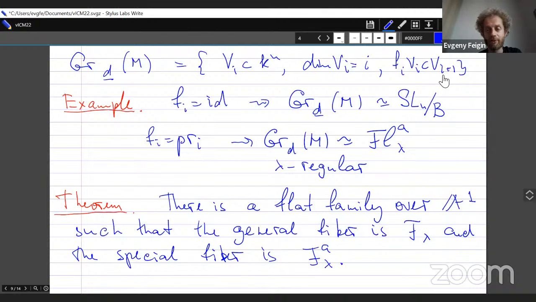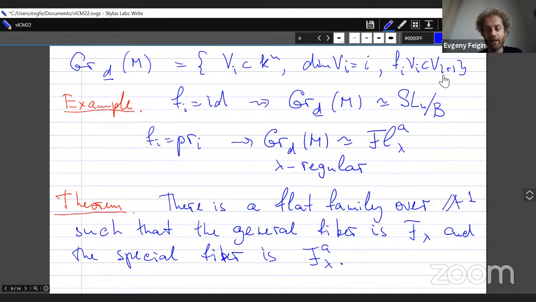So actually the examples we had before, they are of this form. For example, if fi is just the identity operator for each i, then the corresponding Quiver Grassmannian is nothing but the full flag variety SL_n/B. So this is just by definition. And if we take fi to be the projection i, then what we get is the degenerate flag variety.